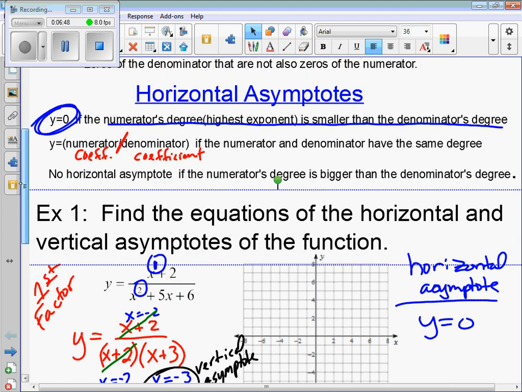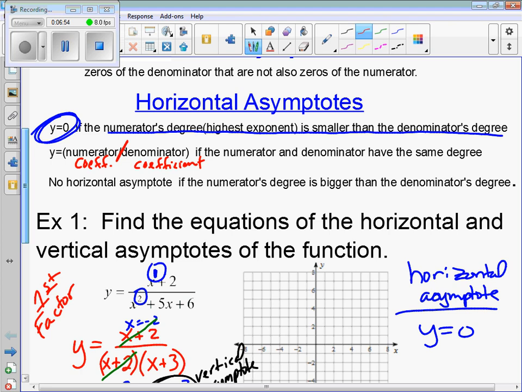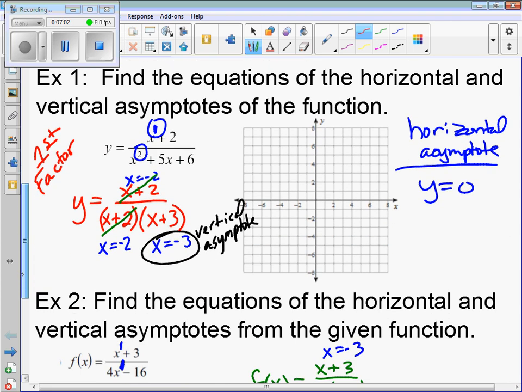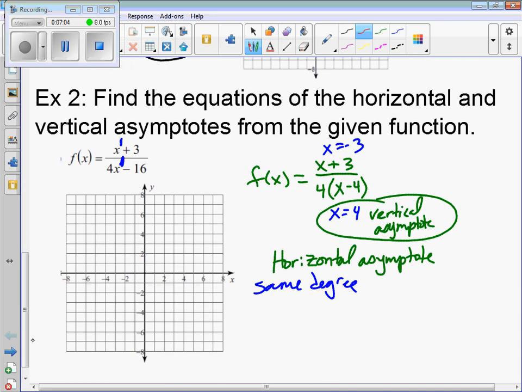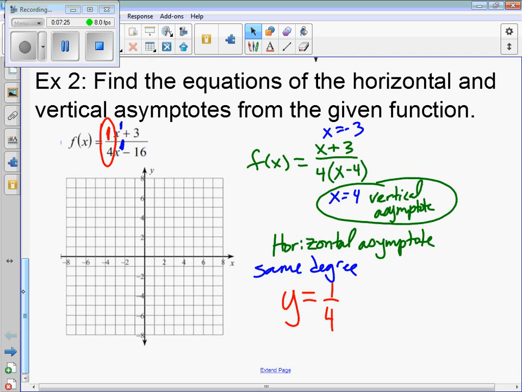The second one says if the numerator and denominator have the same degree, it's the numerator's coefficient divided by the denominator's coefficient. The numerator's coefficient is 1, the denominator's coefficient is 4. So y equals 1/4 is where the horizontal asymptote is going to be. That is 9a. We'll move now on to 9b.